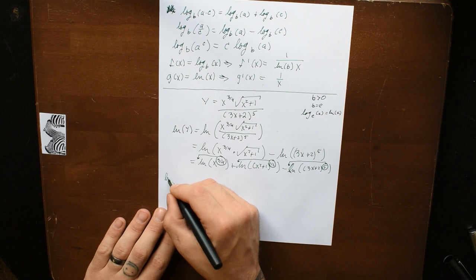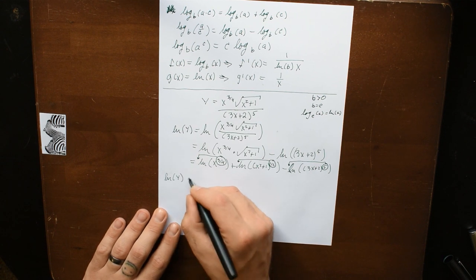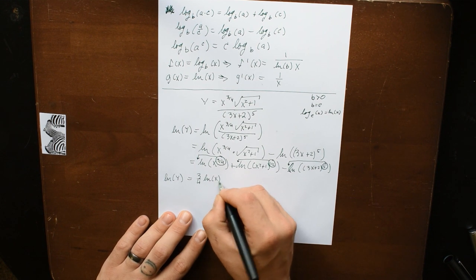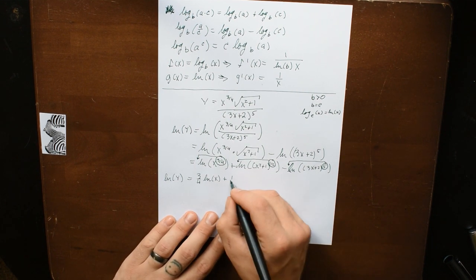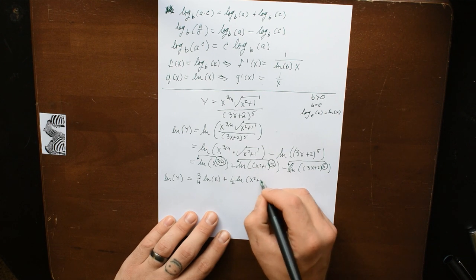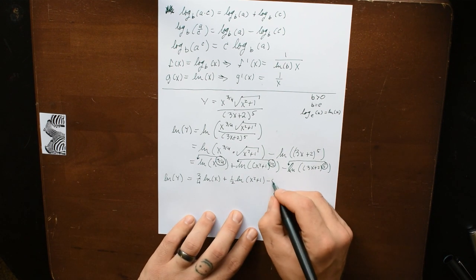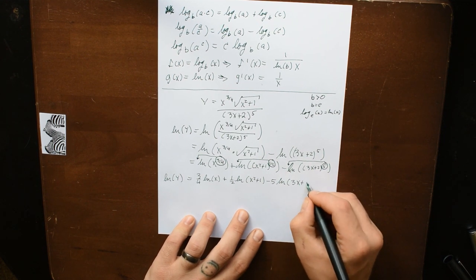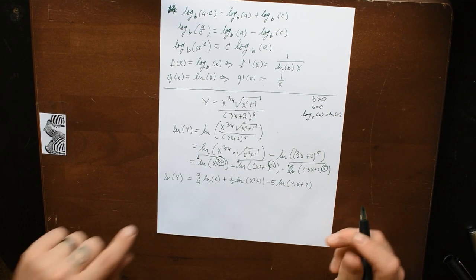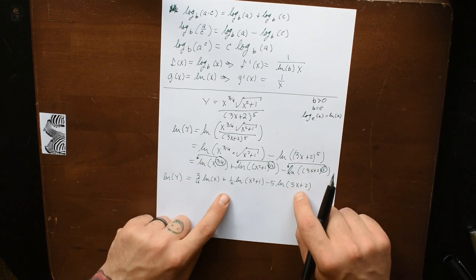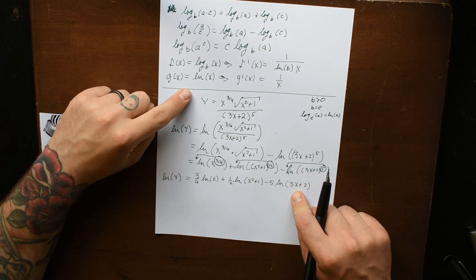So we get the natural log of y being equal to 3/4 times the natural log of x plus 1/2 the natural log of x squared plus 1 minus 5 times the natural log of 3x plus 2. Perfect. So now we have at least simplified the way it looks.